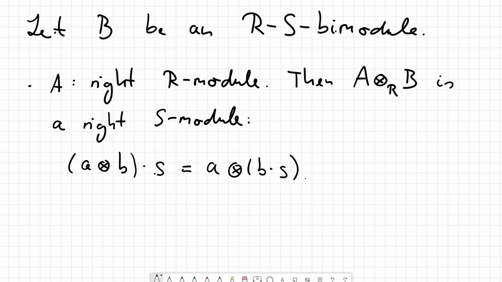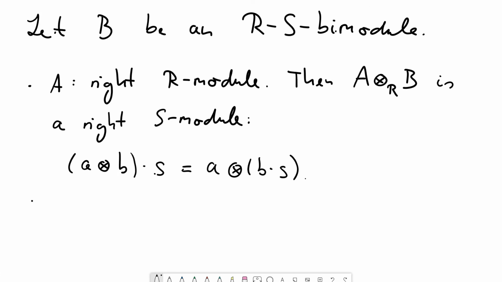And the similar case is now in case we have a right S module C. Whoops, that's badly written. Right S module. Then I can do the following.